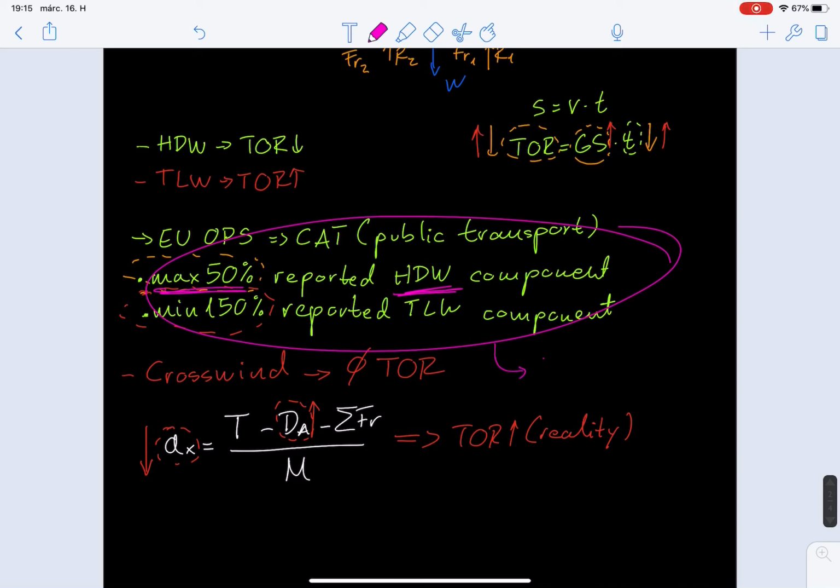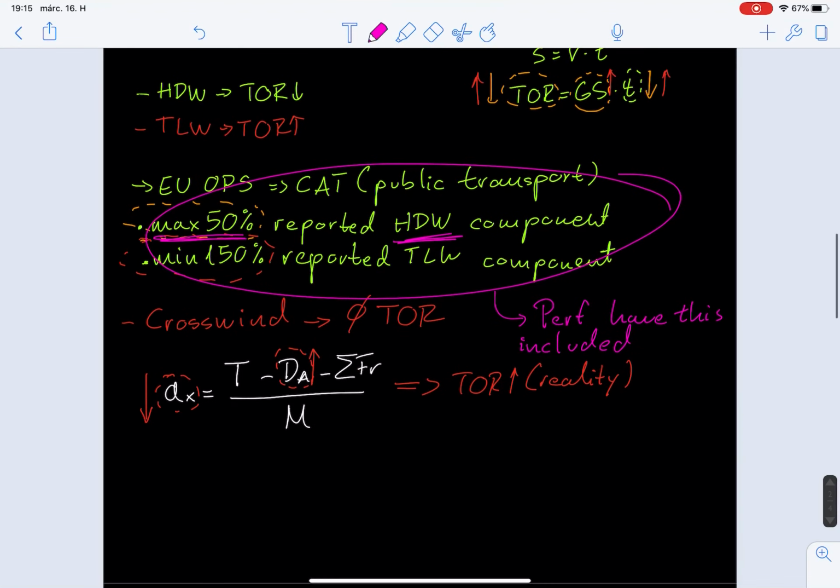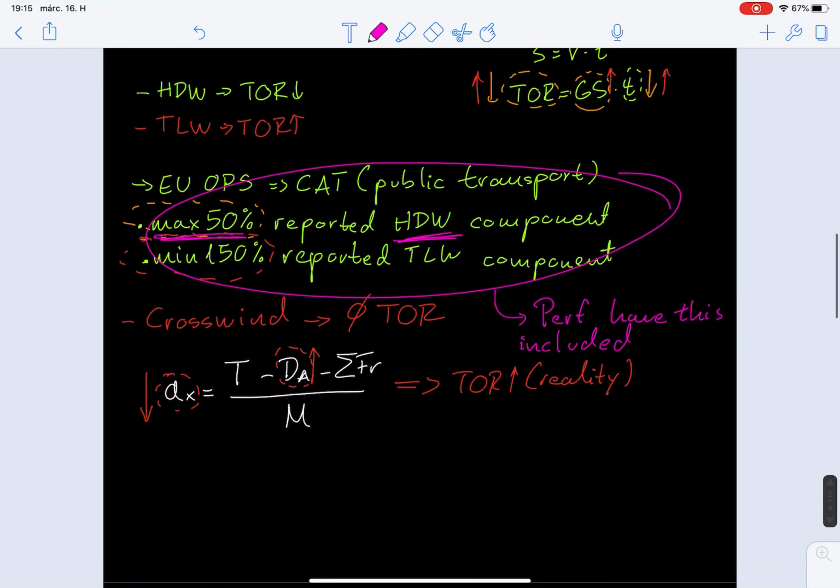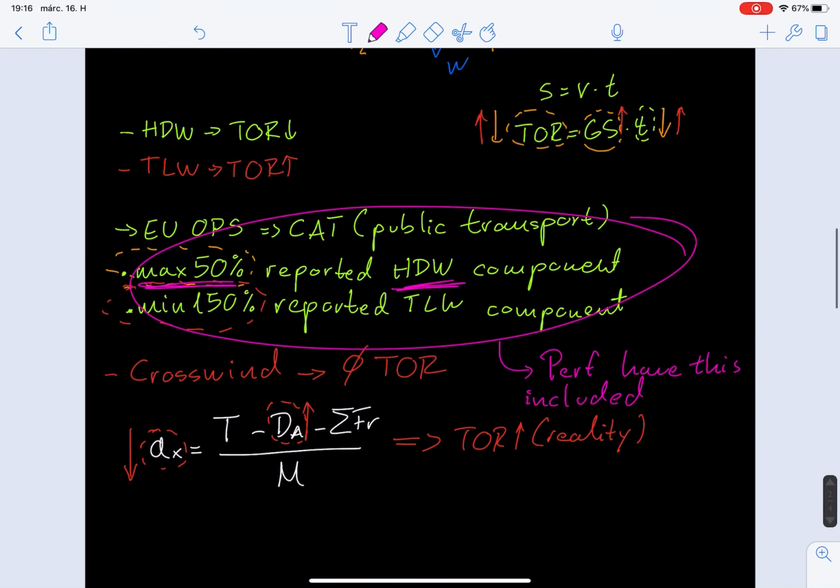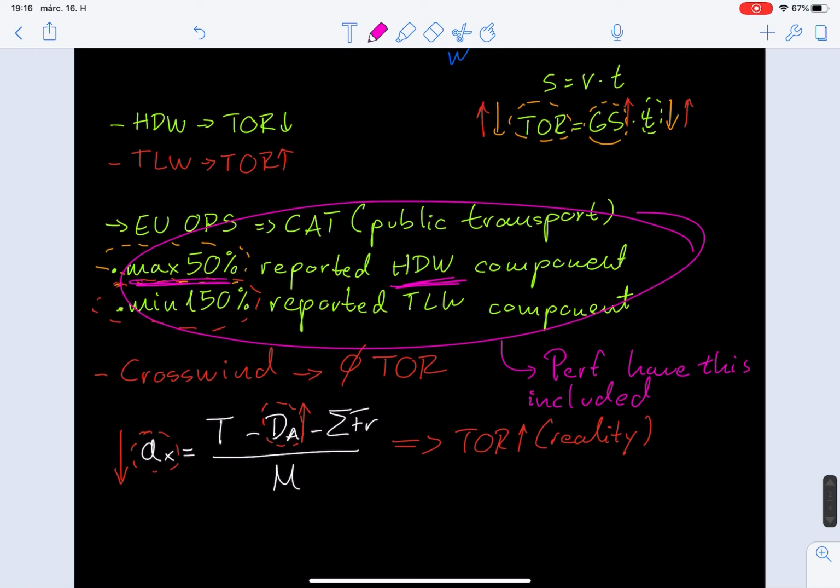And luckily, the performance charts have this included, and we're going to see exactly how when we get there. But I just wanted to say that when you do a performance chart, always remember that this rule doesn't apply, because the performance charts have this already included.